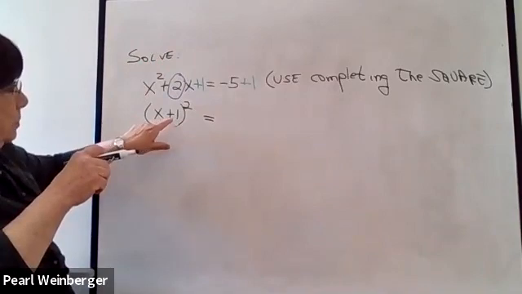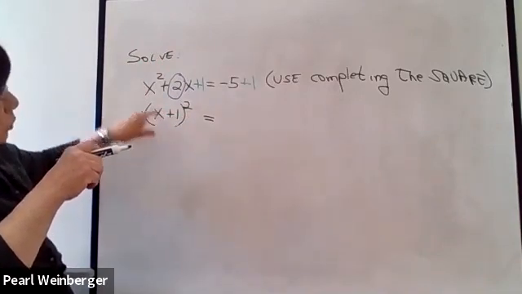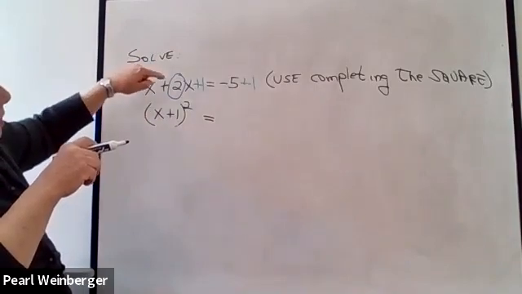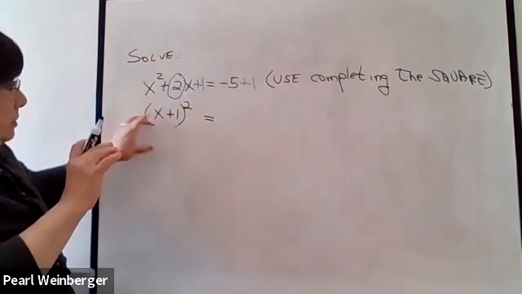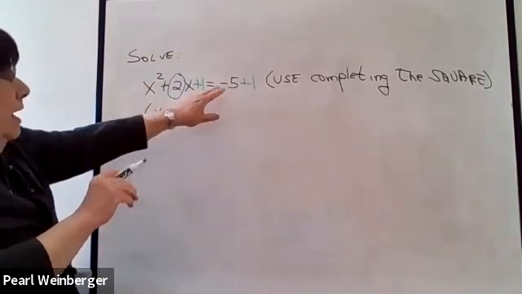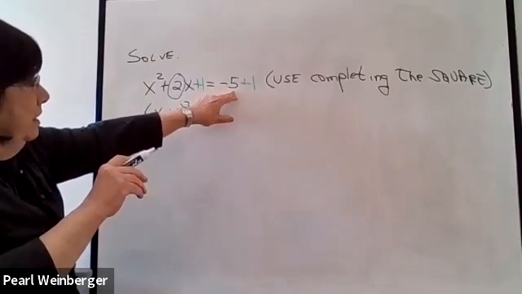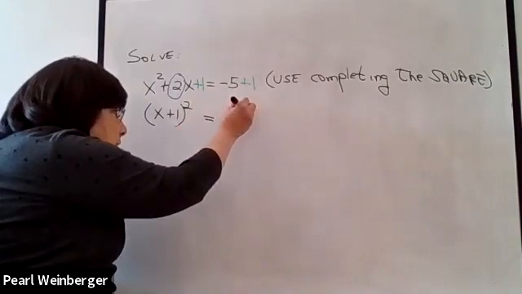That is x plus 1 squared. If you did x plus 1 times x plus 1, you would get x squared plus 2x plus 1. So you have this binomial squared. And on the other side, you have negative 5 plus 1, which is negative 4.